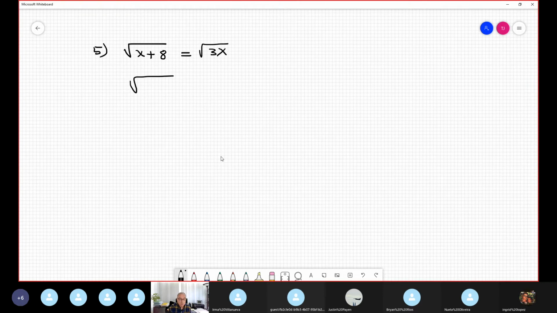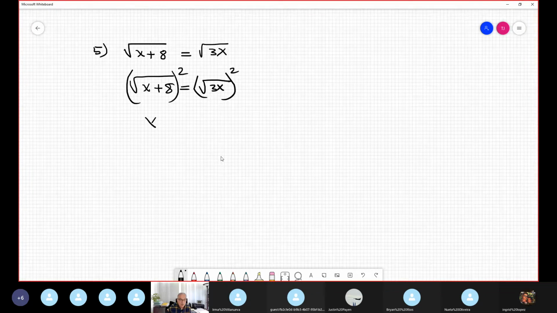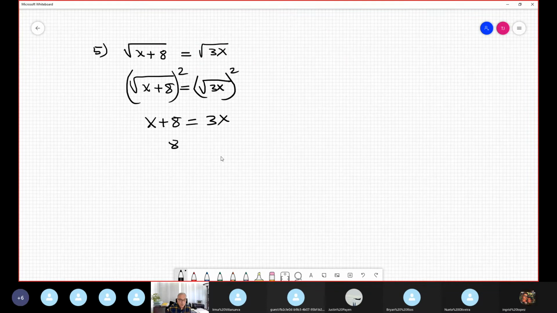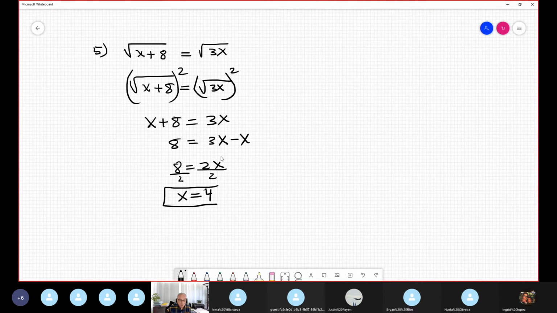Well, I copy again. In this case, it's easy because you square both sides and cancel out the radical. This is x plus 8 equal 3x. 8 is equal to 3x minus x. 8 is equal to 2x. X is 4. And this is my potential solution.